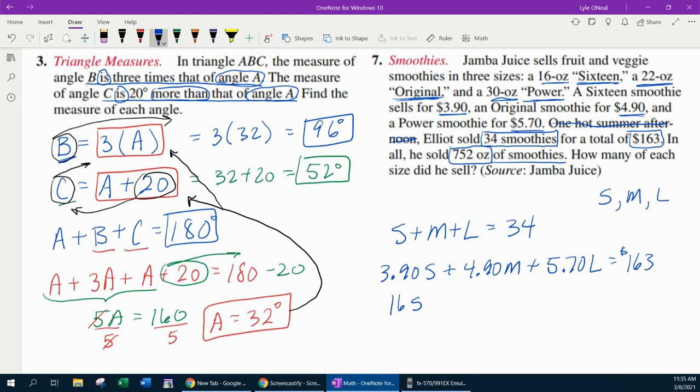So, if I multiply the number of ounces a small contains times the number of smalls I sold, that'll give me the amount of ounces sold from small sales. Plus, a medium was 22 ounces, and the large was 30 ounces. And he sold a total of 752 ounces.